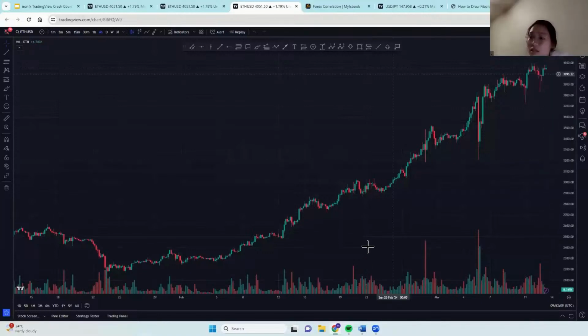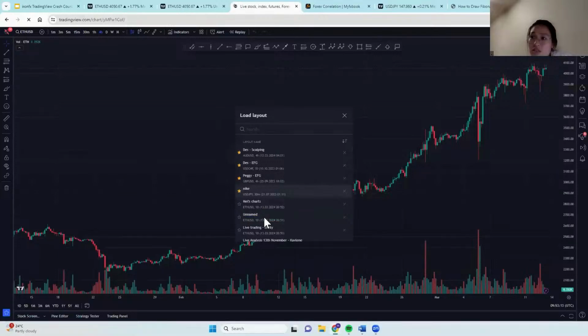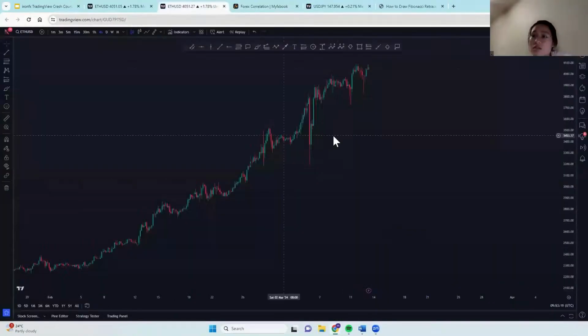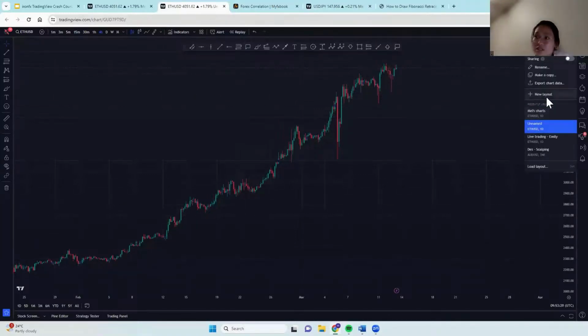Okay, and then load layouts, and then you can get rid of any layouts that you don't want. Yeah, that's it. It's this arrow here, and then it's a new layout. When you click new layout, it'll open another tab, and it'll be blank, but looking at the same asset.